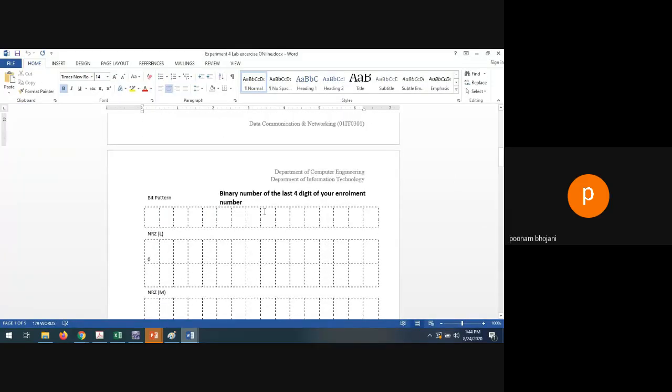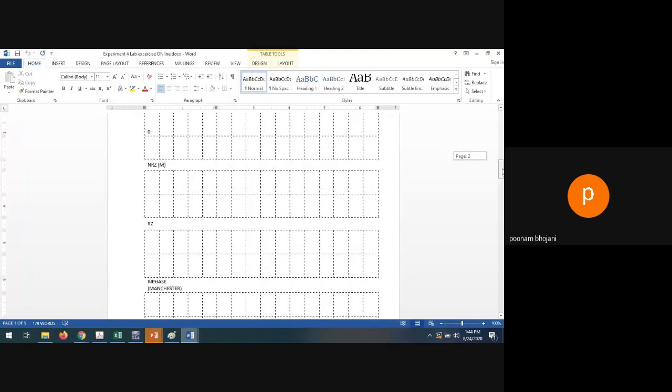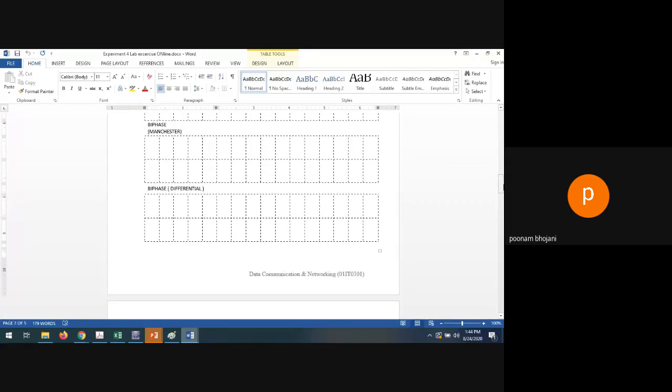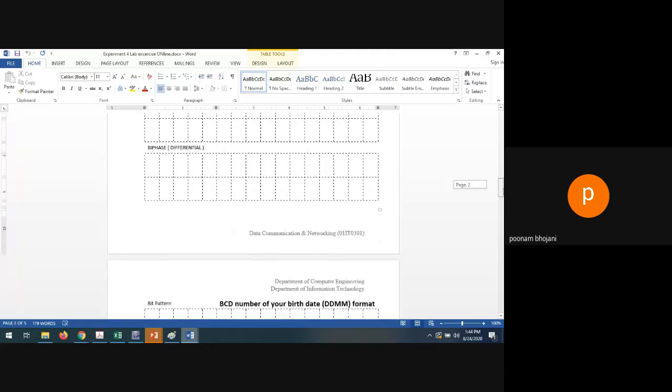You have to write it here. Again, convert it into the same techniques, NRZ, RZ, biphase, Manchester, and biphase differential. So 4 to 5 waveforms you have to draw.